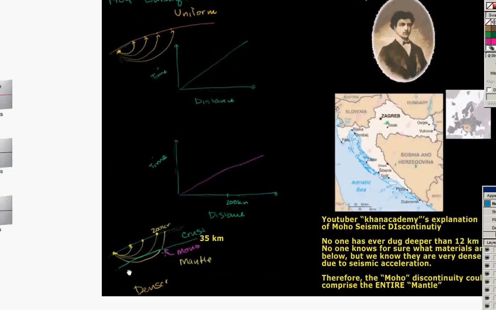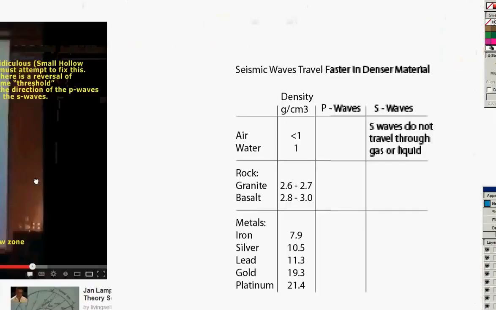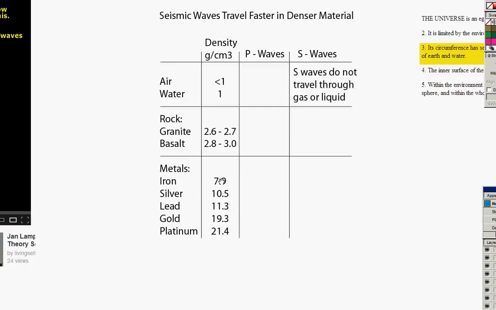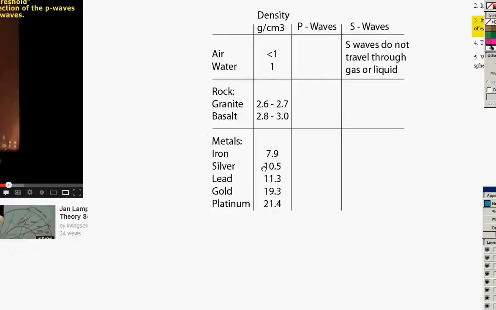So he concluded that the material has to be denser than basalt rock, because basalt and granite rock have densities of 2.6 to 3.0. Metals have a higher density. So seismic waves can travel faster through metals, obviously fastest through platinum or gold.